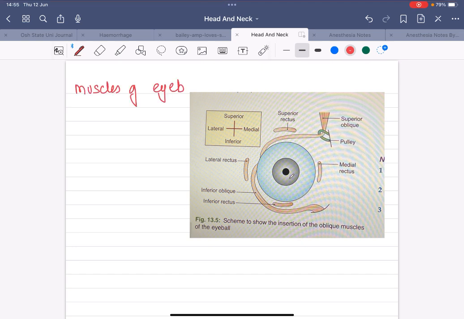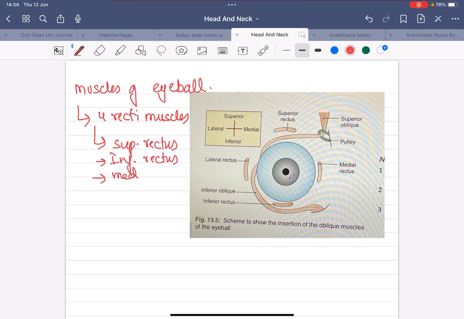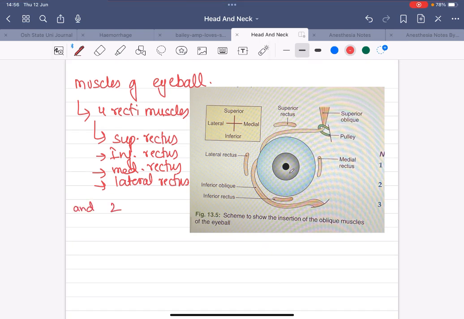One important point: see here in the diagram, you have 4 recti muscles, that is your superior rectus muscle, inferior rectus muscle, medial rectus muscle, and lateral rectus muscle. So 4 recti muscles, as you can see in this diagram, and 2 oblique muscles: superior oblique muscle and inferior oblique muscle.